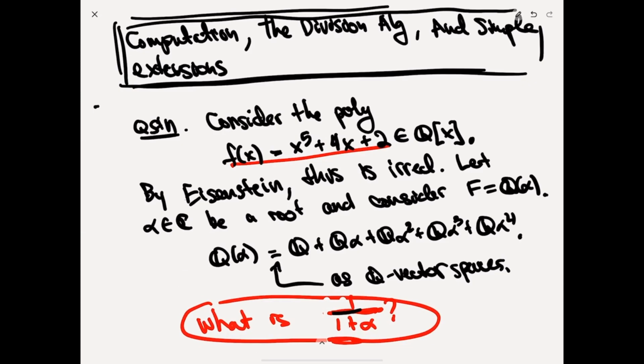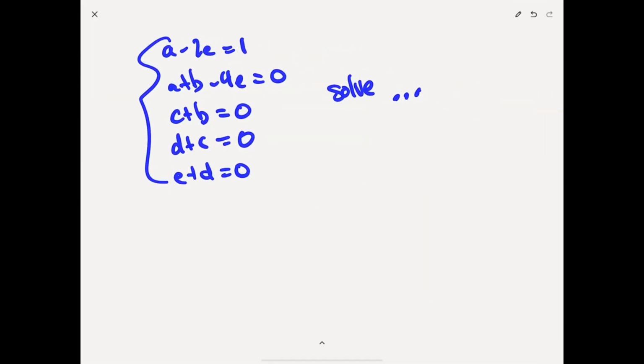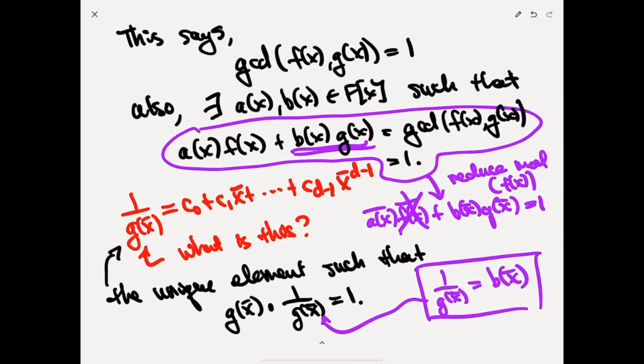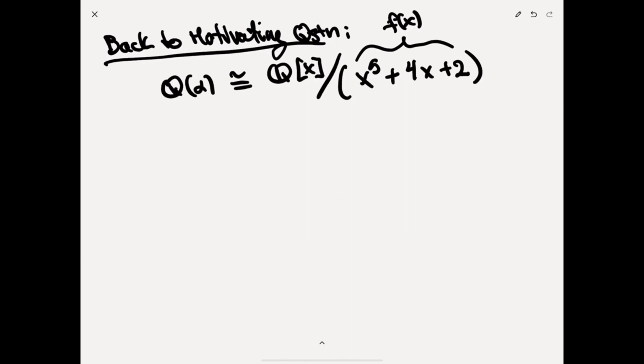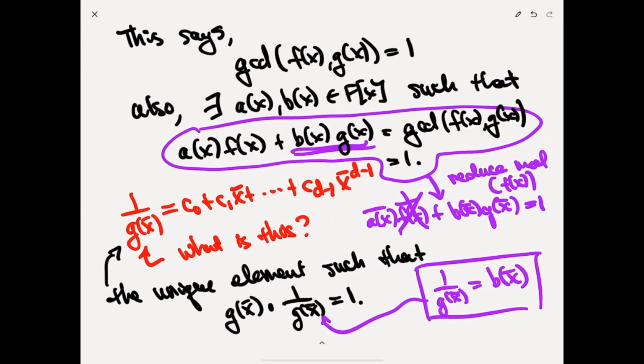And we wanted to compute what 1 over alpha plus 1 was. Under this correspondence, 1 over 1 plus alpha corresponds to 1 over 1 plus x bar. Given what we said on the previous thing, we need to compute the GCD of f with that element.